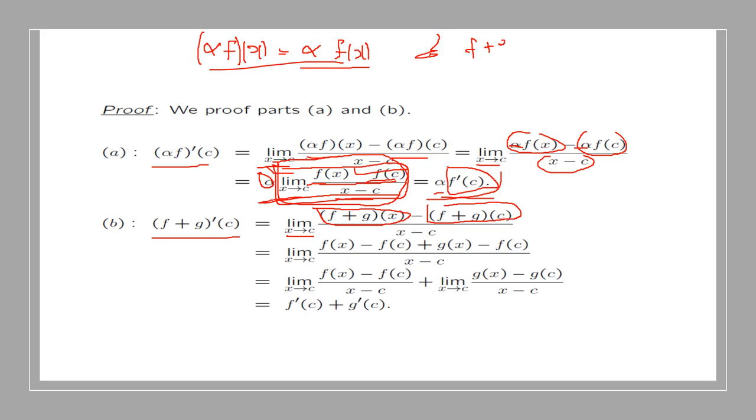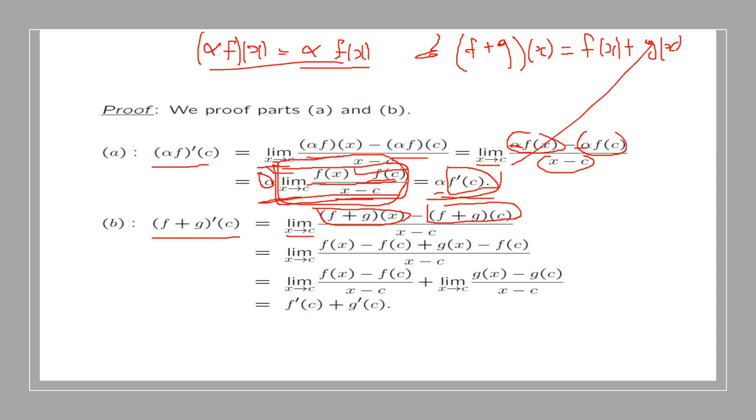F plus g at x is simply f of x plus g of x. If you apply f plus g to a point x, that will simply give you f of x plus g of x. That's the definition of the sum of the two functions f and g.